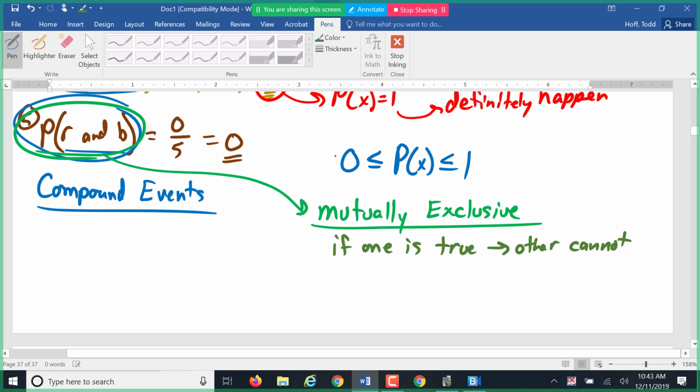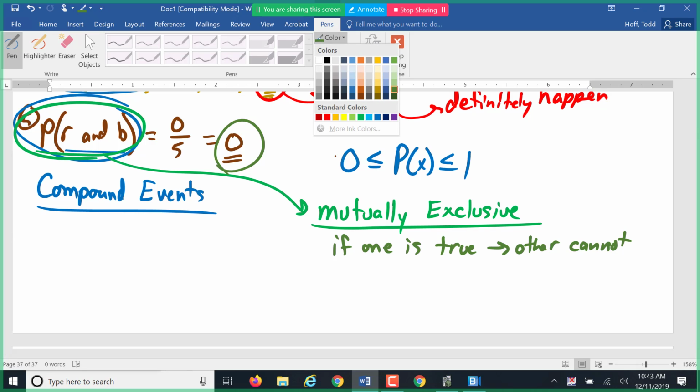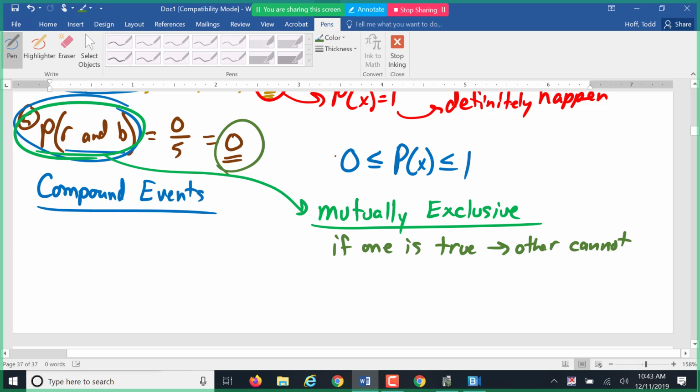So there's no way it can be both. Once we know that one of them is true, the other one can't be. So the probability of those mutually exclusive events happening together is always 0. So for compound events, we are looking at 2 events happening. And so we have separate conditions for each event. So for compound events, let's say we're going to reach in and draw out 2 marbles.